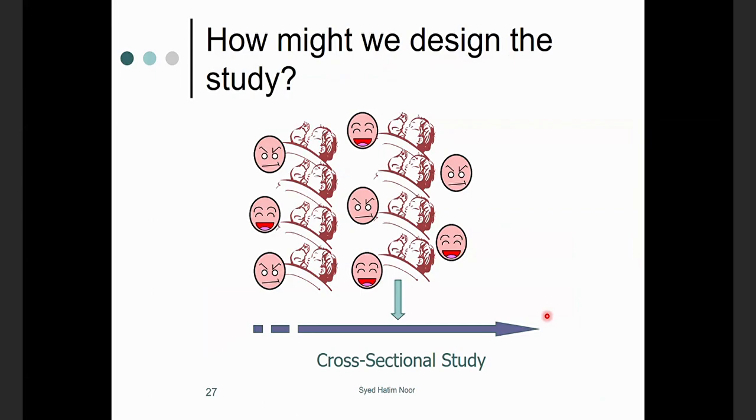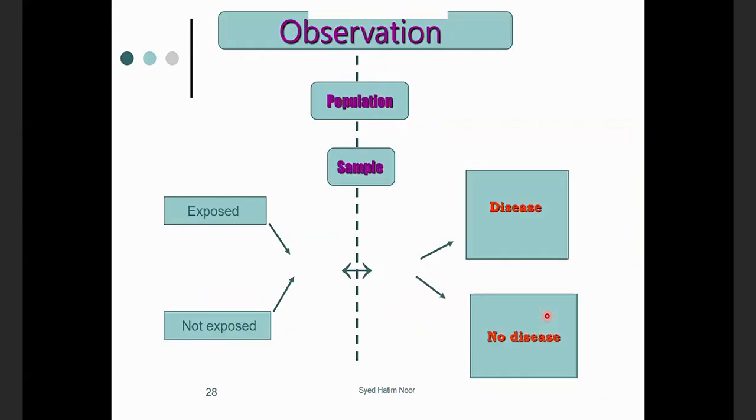Now let us go to the cross-sectional study. Sometimes we call it a correlation study. Just now, from the other three study designs, in prospective cohort you ask whether smoking causes heart disease or not, so you can see the causal relationship there.